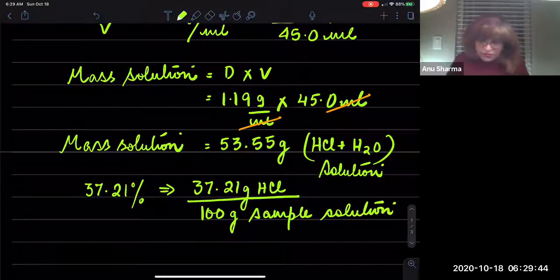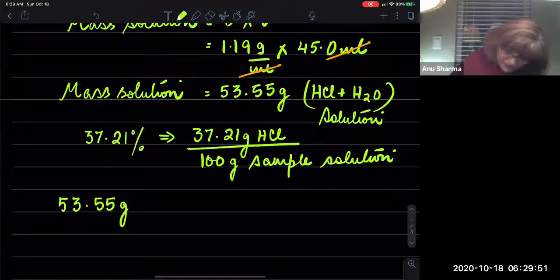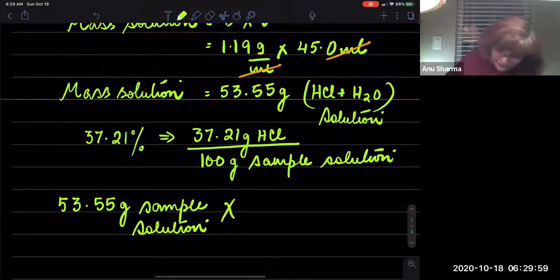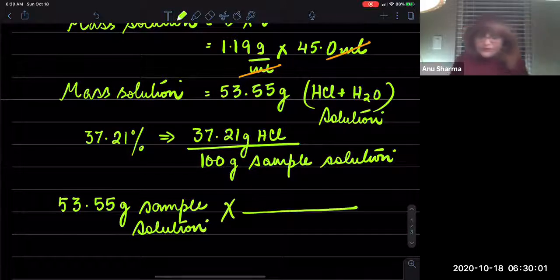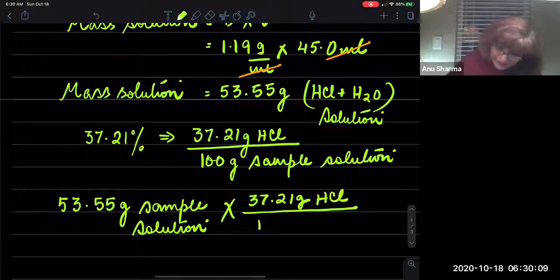So 53.55 grams of sample solution will contain what mass of HCl is that? So 37.21 grams of HCl is present in 100 gram sample.